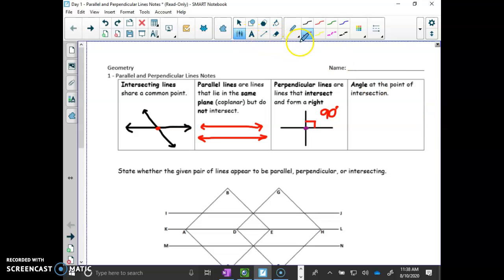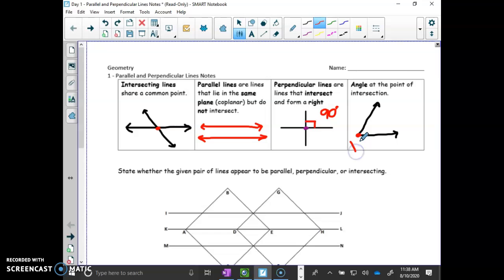So an angle happens at the point of intersection. So let's go ahead and draw what an angle might look like. An angle is made up of two rays, okay, and they have a common end point. So what is this point right here called? That's called a common end point, okay.